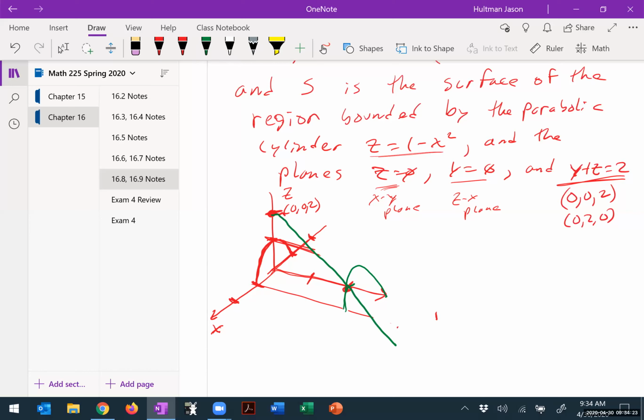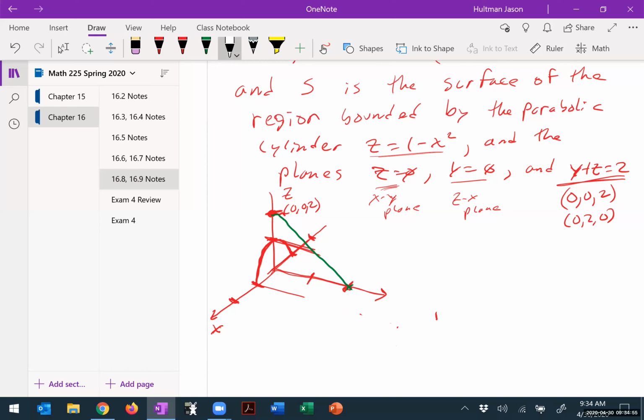Get rid of these lines here. Okay, so it goes through that. Let me get rid of this one because it can't go below it either.